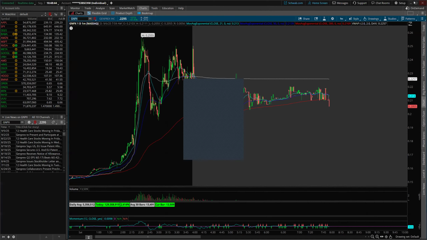You can manage your risk by going smaller size, so that if it does knife, you might lose money, but you won't lose as much. Does it make sense? Makes sense, right?